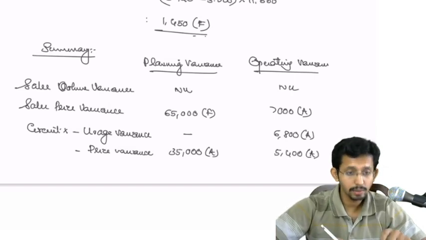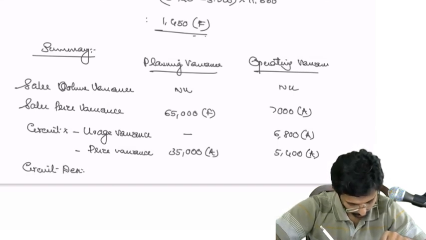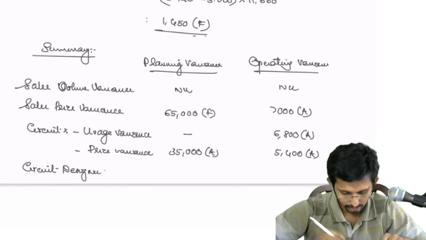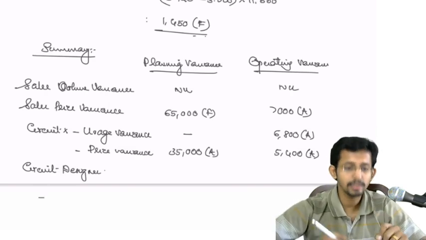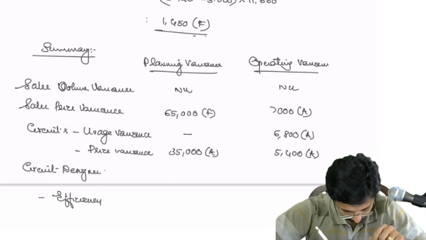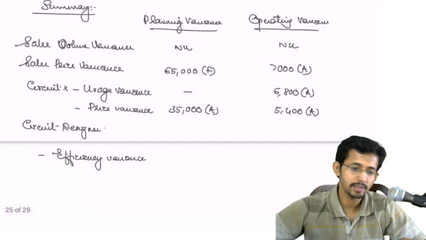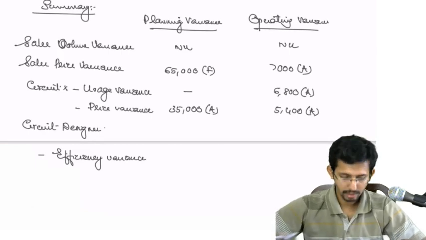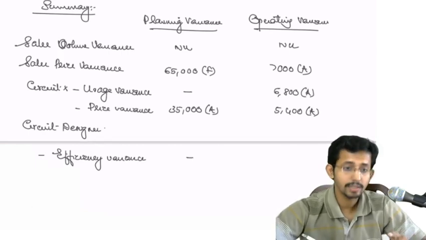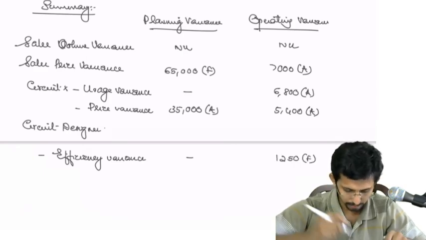Then circuit designer. The first part is efficiency variance. Efficiency variance planning is nil, whereas the other one is 1,250 favorable.